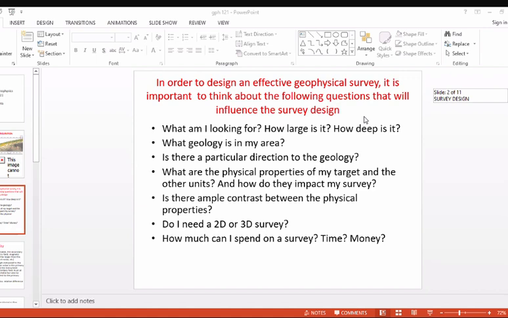That method cannot be used. There must be a discriminating feature. There must be contrast between the two materials. That contrast is what will make that method suitable.